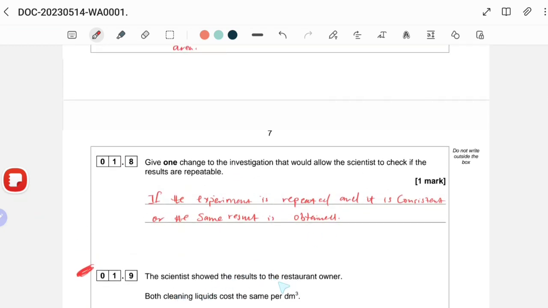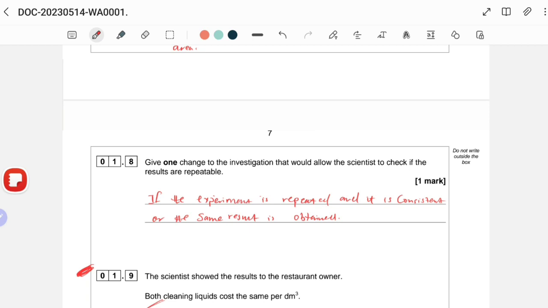Anyways, the scientists show the result to the restaurant owner. Both cleaning liquids cost the same, of course. So suggest one other factor the restaurant owner should consider when choosing the liquid, because the thing is this: as much as B is more effective, he needs to think about whether it has any harm. It's going to harm the people? It doesn't have any other effects?